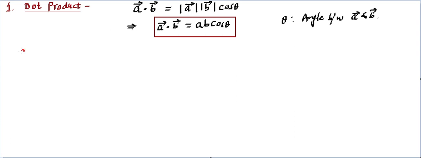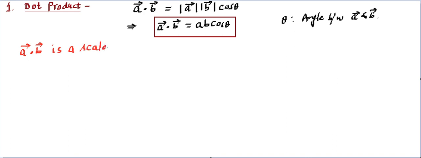So we can say this A dot B, that means we are multiplying two vectors. If in this dot fashion, then this is going to convert into a scalar. So A dot B is a scalar, it's not a vector.